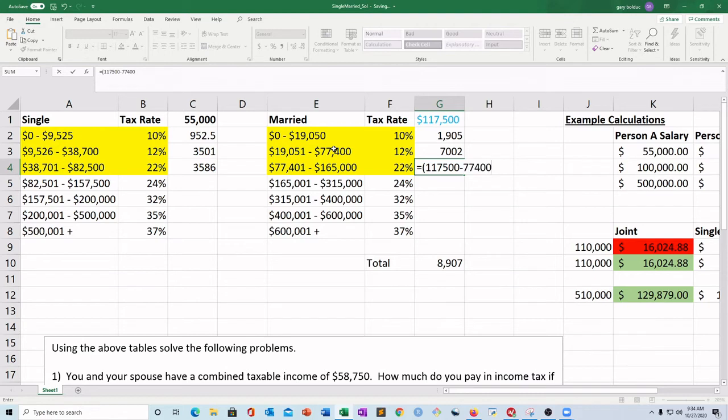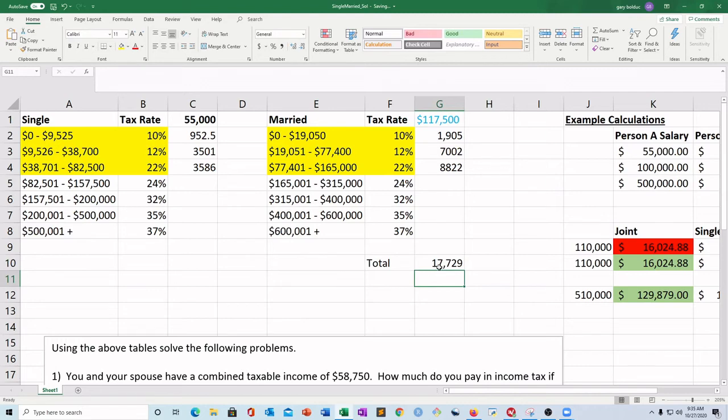I've already been taxed on my first $77,000. So I go all the way up to the top of my income, then take away the amount I've already been taxed, because I don't want to get taxed again on this, times my 22%. So what do I pay? I pay this plus this plus this. Down here, if you've set this up from the previous one, we can just keep adding.